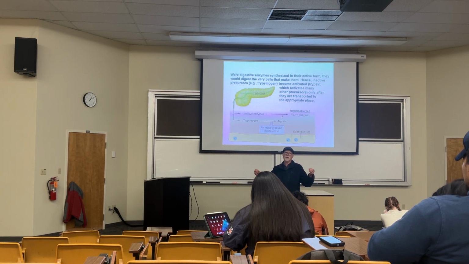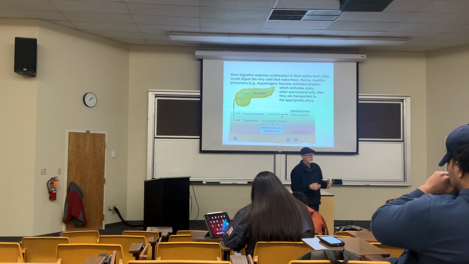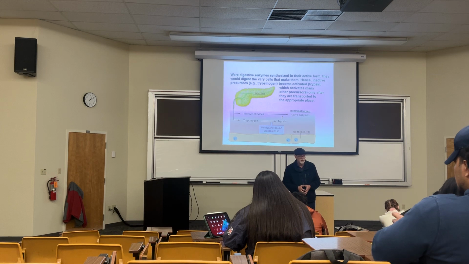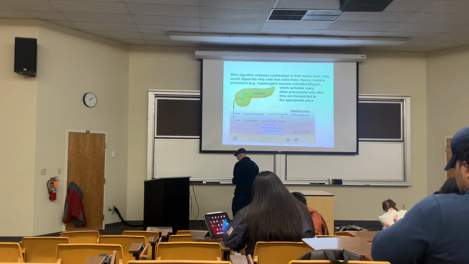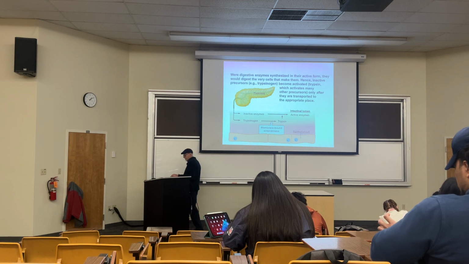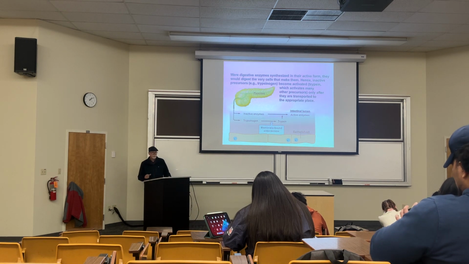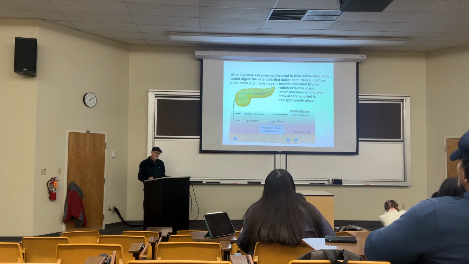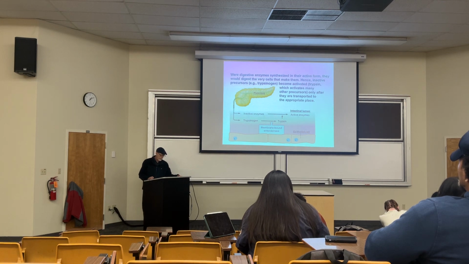It's the same as the amylase found in the saliva, but because it comes from the pancreas, we call it pancreatic amylase. And then we have some enzymes that are going to digest the lipids, the fats. This is lipase, pancreatic lipase. And finally, we have some that are going to digest the nucleic acids.